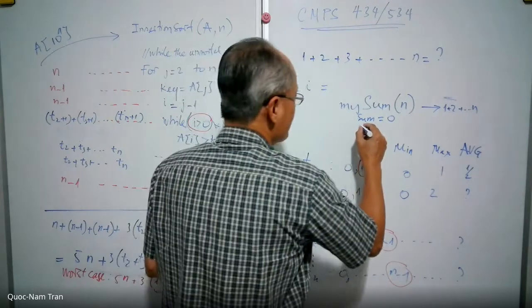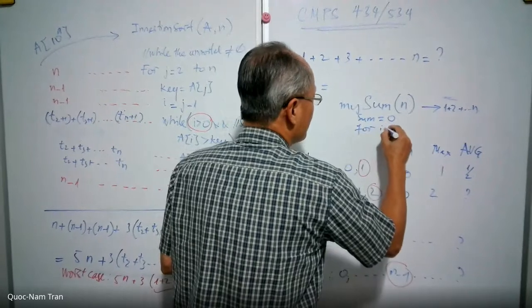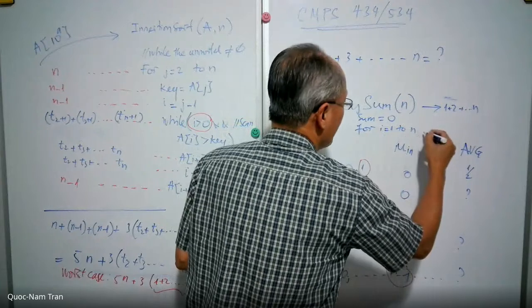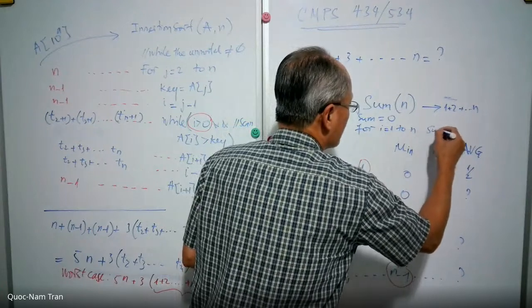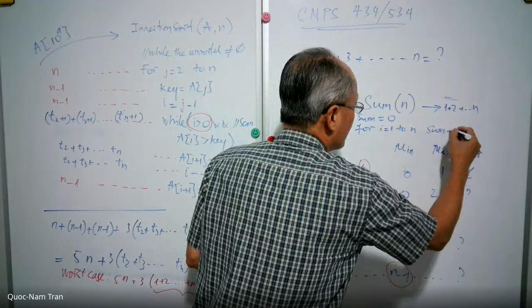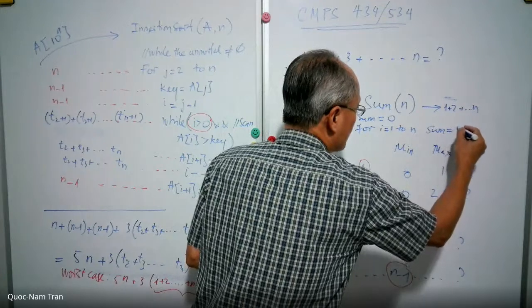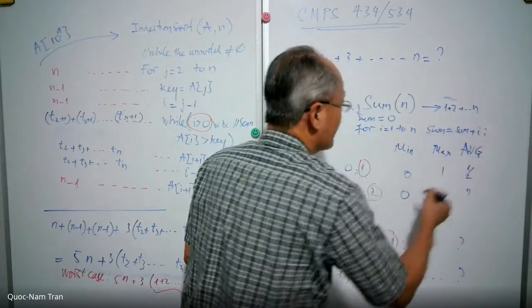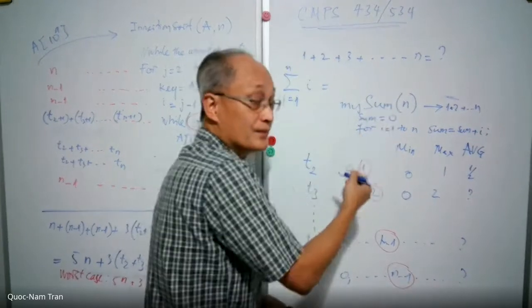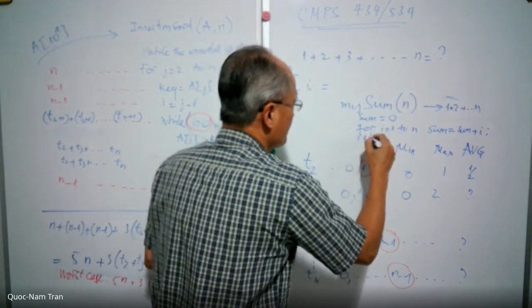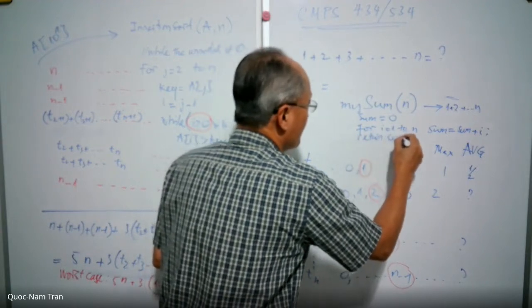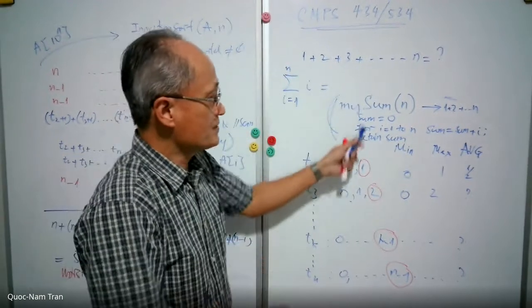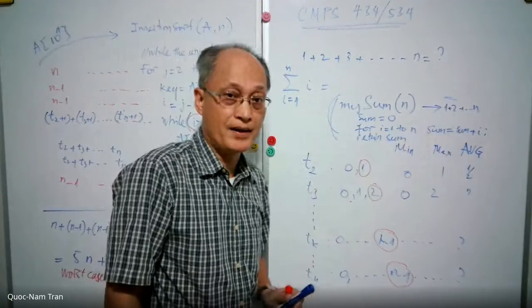So sum is assigned with sum plus i. That's it. And then you return sum. So this program is very simple and it does the job.